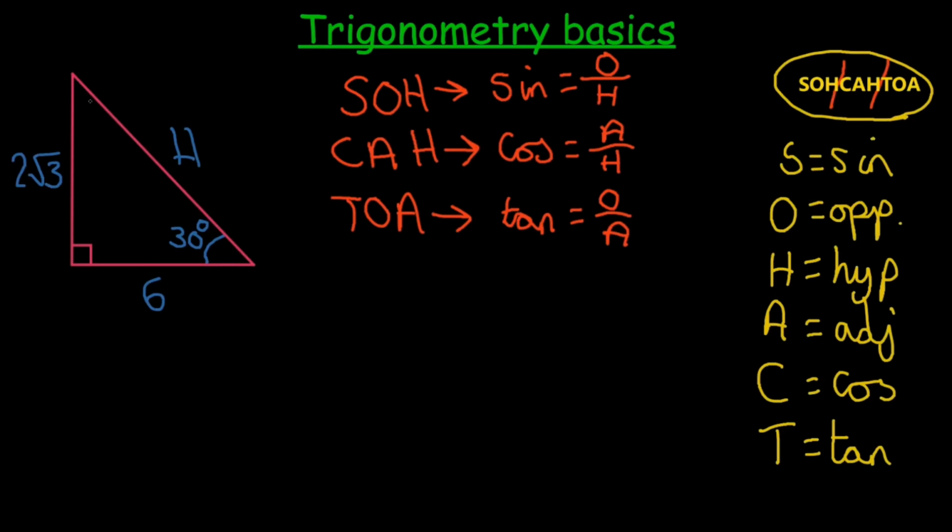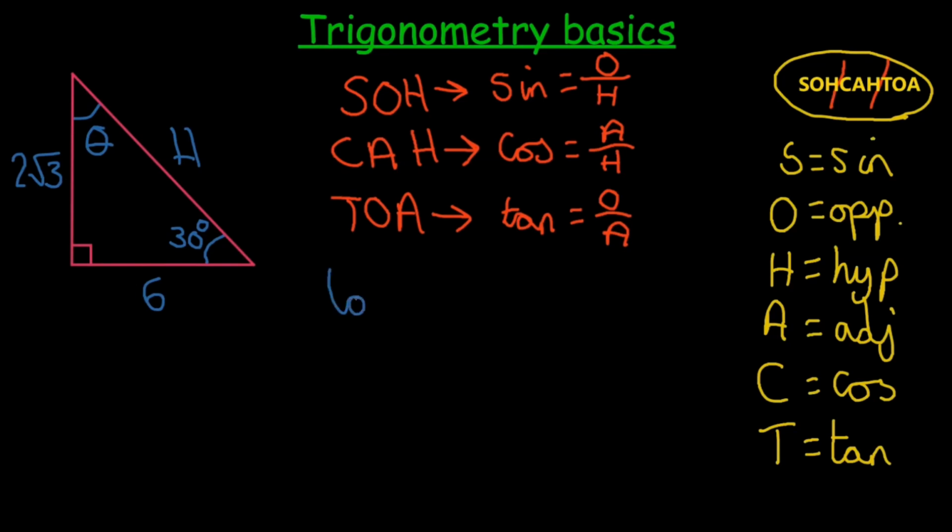Now we can find this angle here, because we have these side lengths. Let's call this angle theta. Because we know the opposite side length and the adjacent side length, we can also use the tan here too.